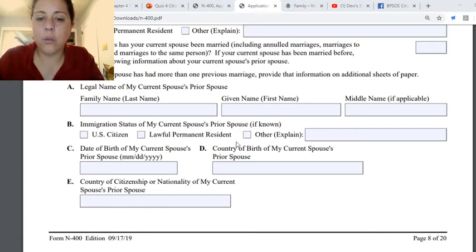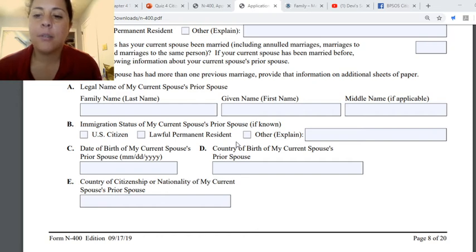If they have been married before, remember before means prior, you will need the prior spouse information. You need to write their prior husband or wife's name: last name, first name, middle name, and what their immigration status was.